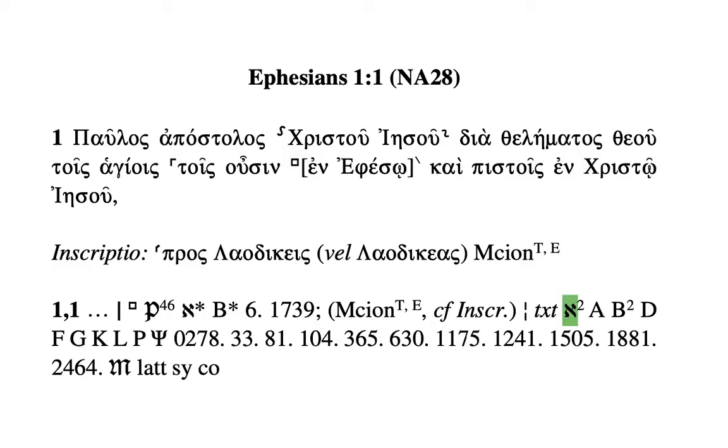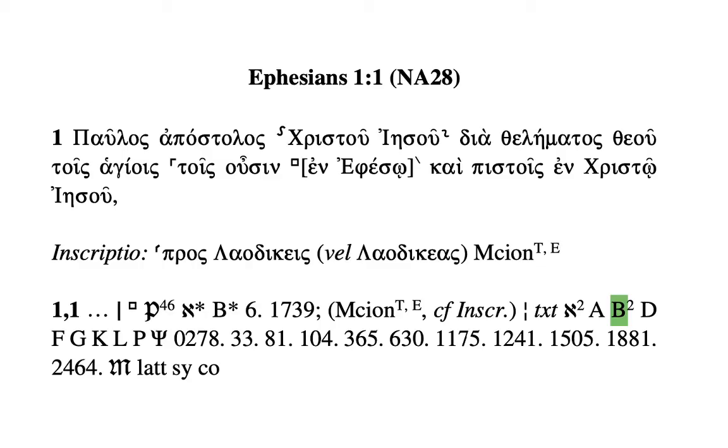Now, if you look on page 59 in the introduction, you'll see that they give you actually a date for the corrector of Sinaiticus that they label 2, and they put it in the 7th century roughly.